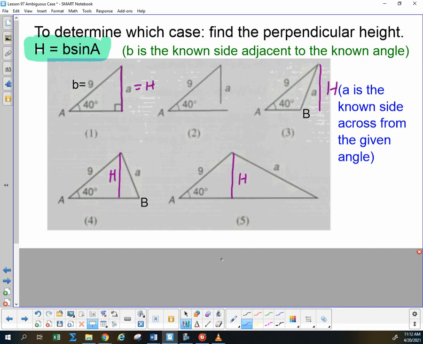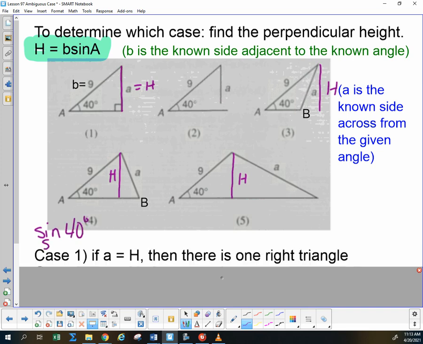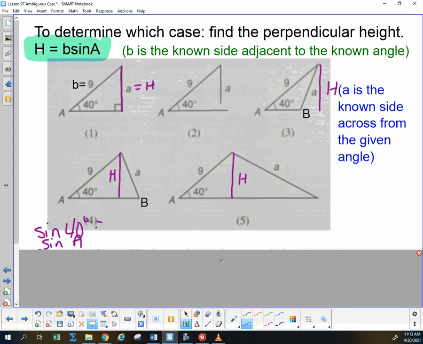So no matter which one of these I pick, if I'm looking just at the right triangle part, I want to know the H, I know the 9, and I know the 40 degrees. So for the 40 degrees, H is the opposite, the 9 is the hypotenuse. That sounds to me like SOHCAHTOA for sine. So I could say that the sine of, in this case, 40 degrees, but in general, the sine of A would have to be H over 9.